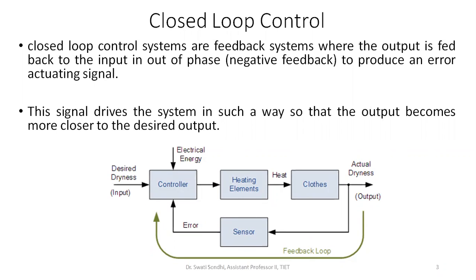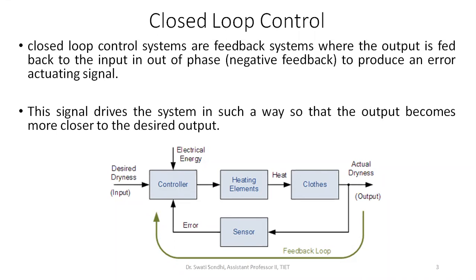Neither it is going to work extra and waste energy, nor will your output level settle down beyond or before the actual desired level. Okay, so this configuration that you see, this is called closed loop control system. Okay, so closed loop control systems, they are feedback systems where the output is fed back to the input in an out of phase.